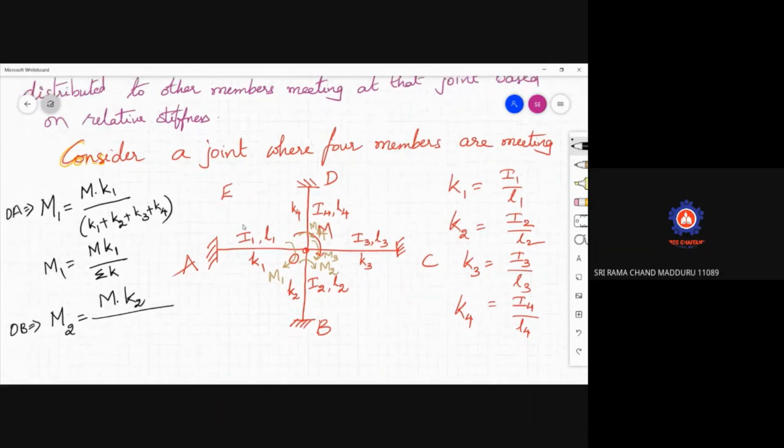This is for OA, so this will be K1, K2, K3 and K4, where all these are nothing but relative stiffnesses. So this will be M into K2 by sigma K, that is the M2 value.